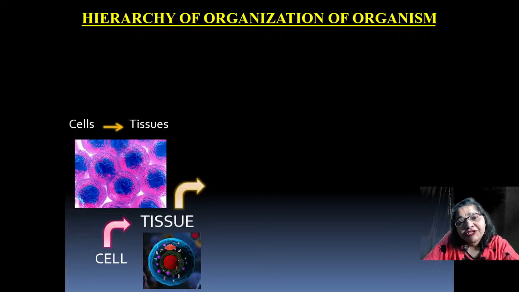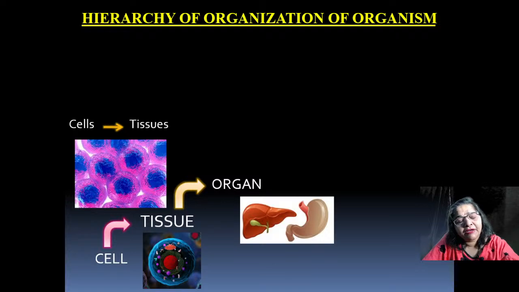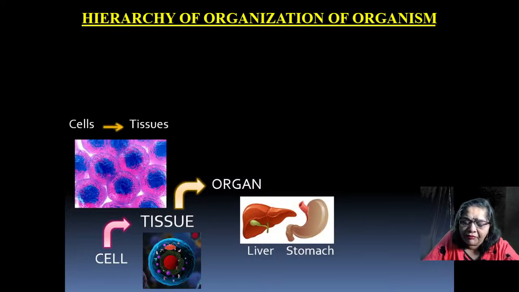Now different types of tissues together form what is called an organ. In the body of a human being, two organs are shown here. You can see the liver and the stomach. These organs are made up of different types of tissues.